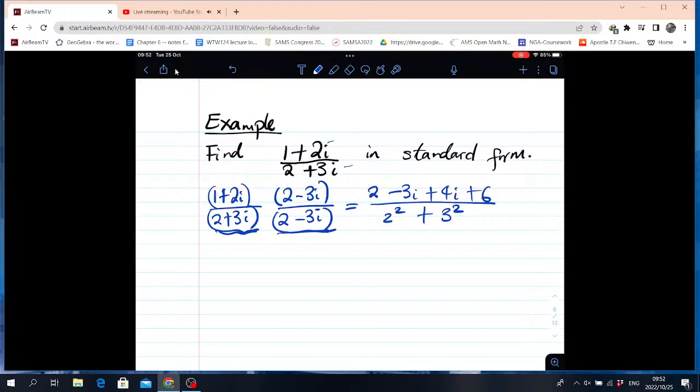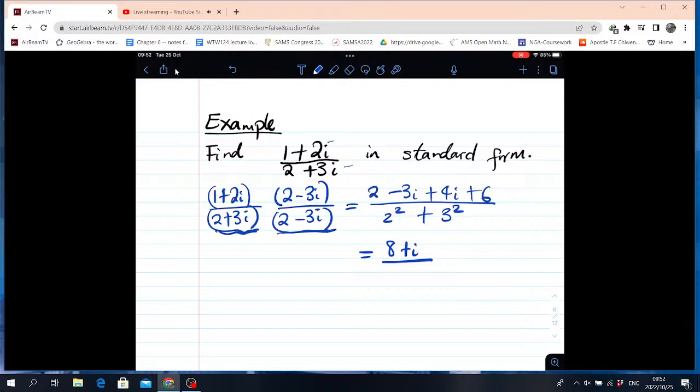And then from there, it's a matter of simplification. If I take my real numbers on the numerator, I get 2 plus 6, which is 8. And for the imaginary part, minus 3i plus 4i, we get plus i, right?